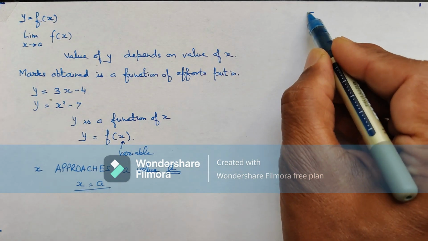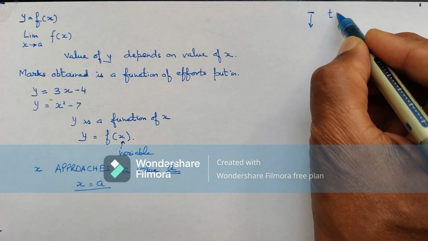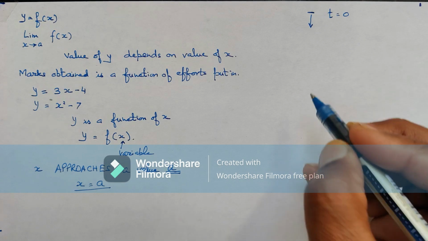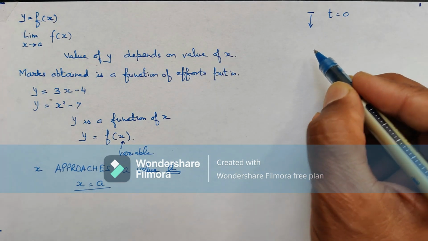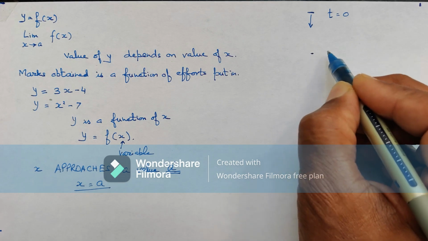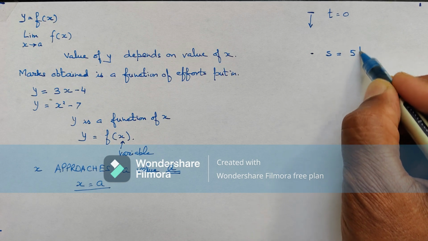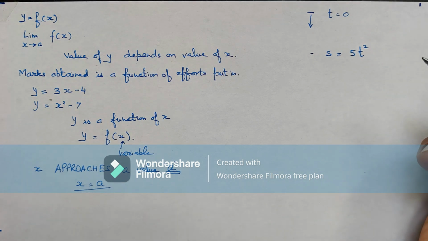Suppose a stone is dropped from a height at a time t is equal to 0 seconds. It is known that at any time t, the distance travelled is equal to 5t square.